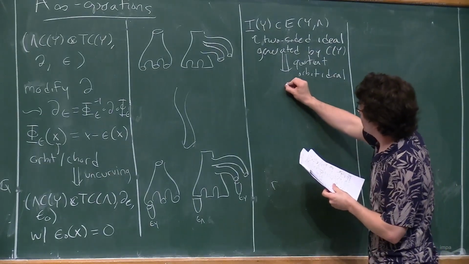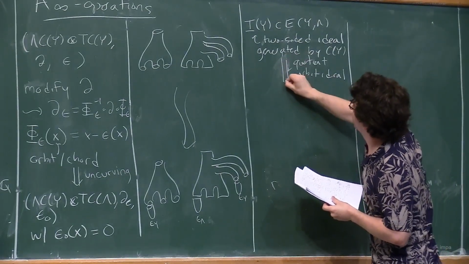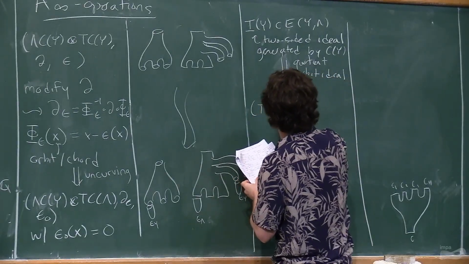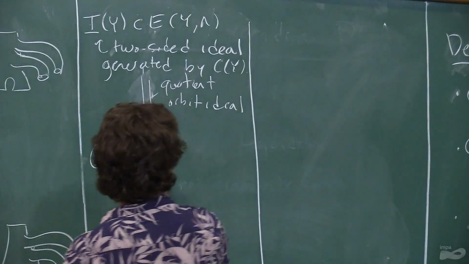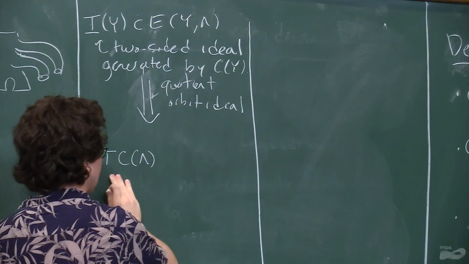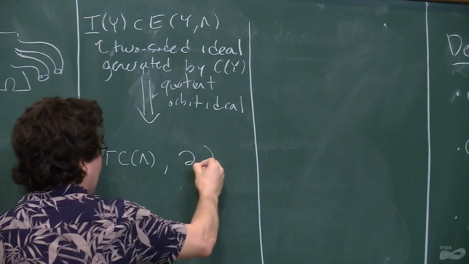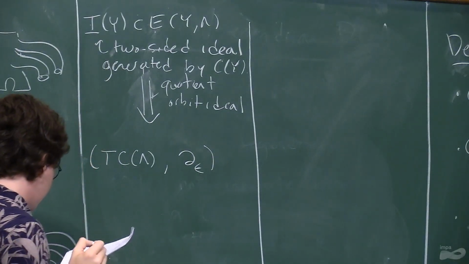So the effect of this quotient is that I've passed to a situation where I'm looking at the free tensor algebra generated by the chords with some differential induced by the quotient. And now I'm still going to write the augmentation there.